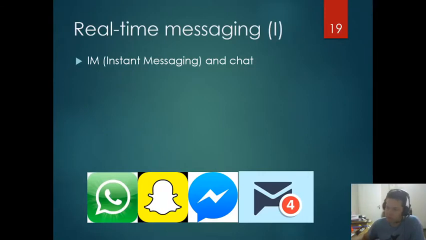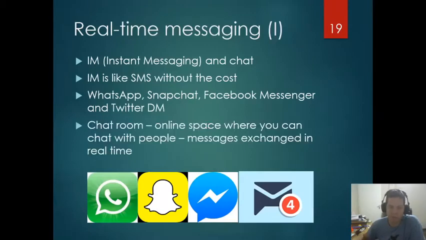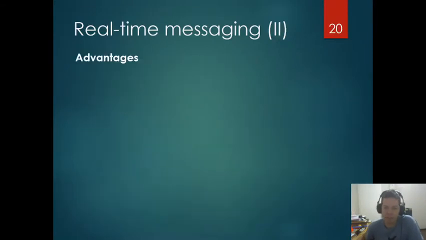So you'd use real-time messaging, instant messaging. You basically send an SMS without the cost. These would be Facebook Messenger, WhatsApp, Snapchats, your Twitter DMs, or some kind of online space like a chat room, where you'd actually exchange messages in real time. If the message is sent straight away, then we call it real-time messaging.